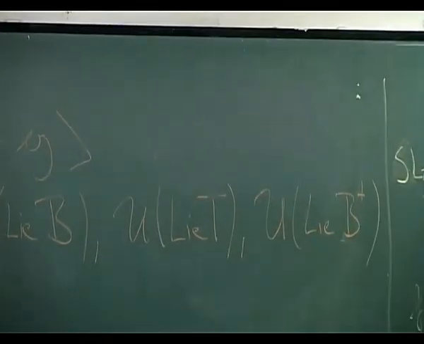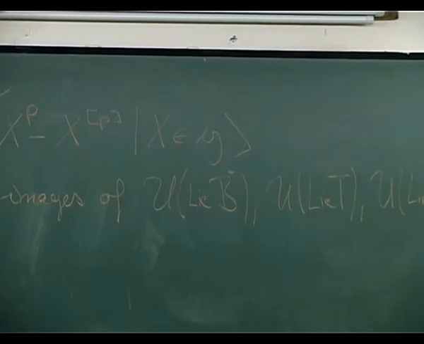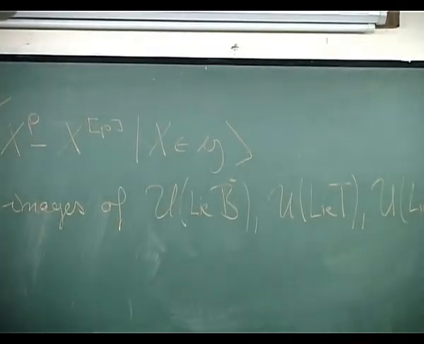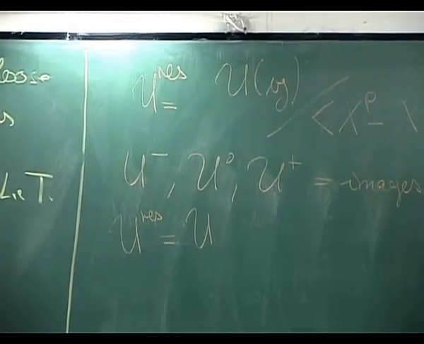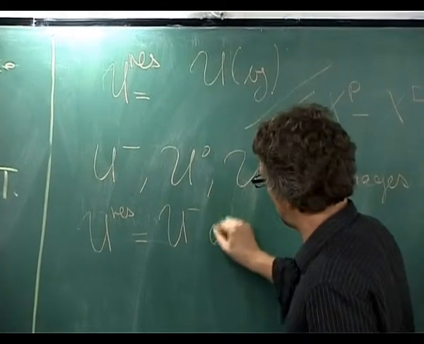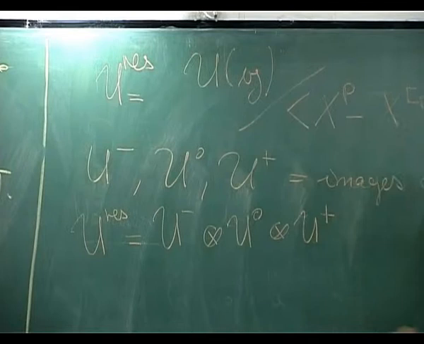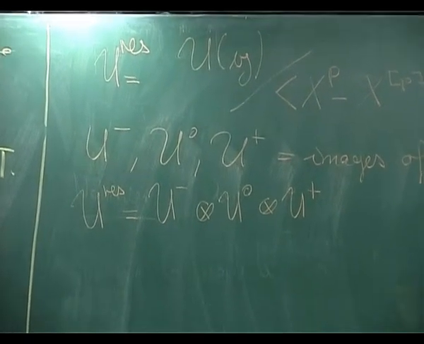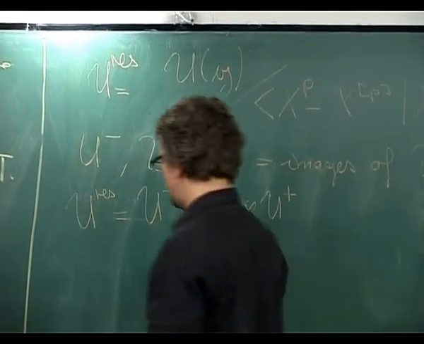And then the restricted enveloping algebra, it's not difficult to prove using the PBW theorem, is just a tensor product of these three subalgebras. So we have a triangular decomposition, and we can play the usual game with the highest weight module.